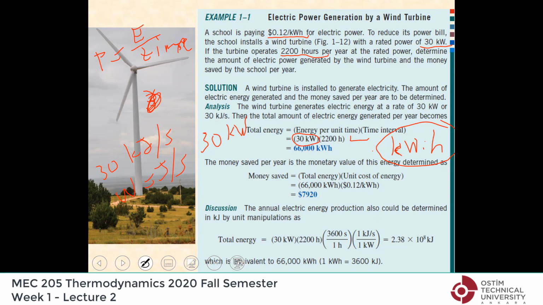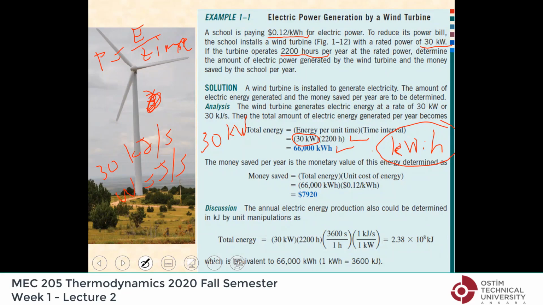Again, say the beauty of using units in calculations. 30 kilowatts, 2200 hours, multiply, that many kilowatt hours. And this is a unit that we use in daily life. That means the school will save 66,000 kilowatt hours because that much electricity will come from the wind turbine.